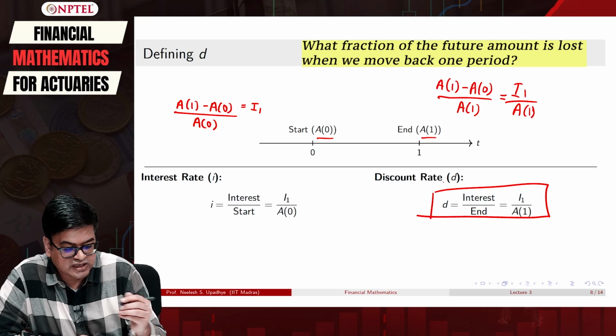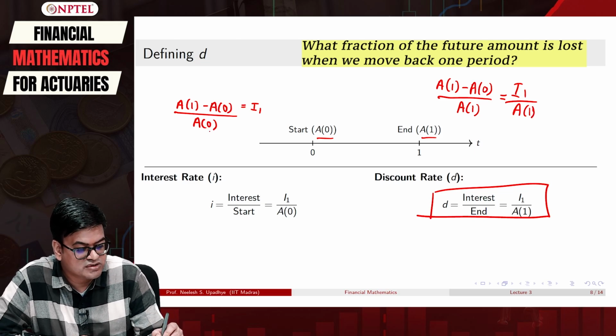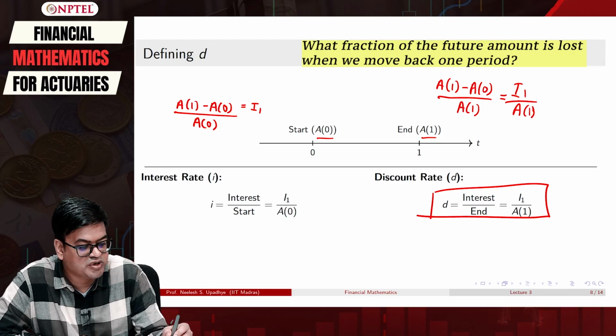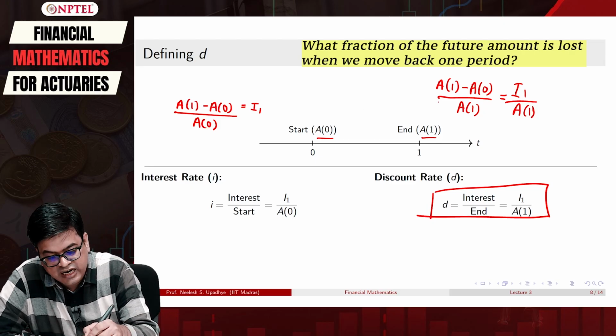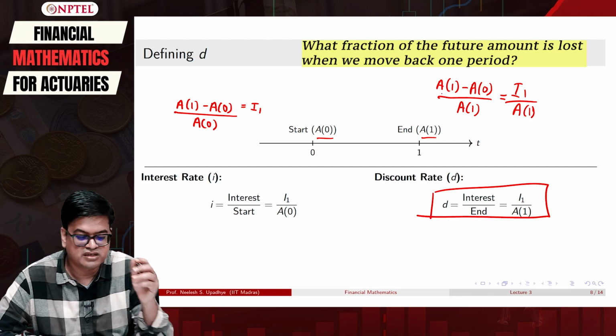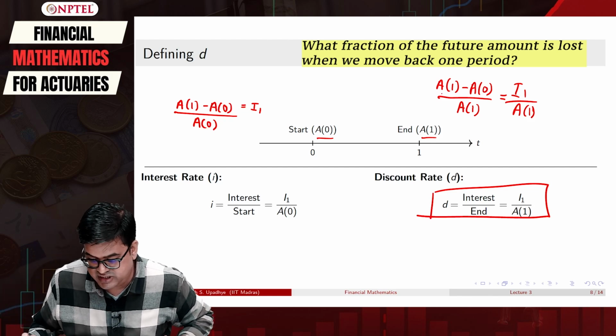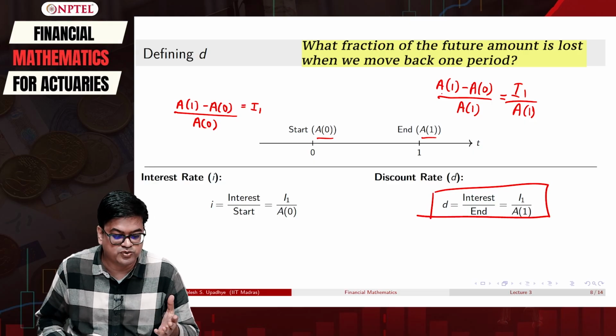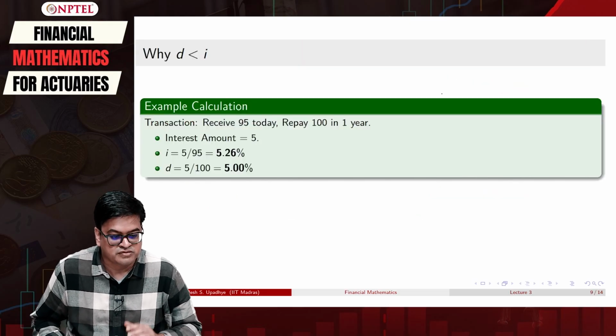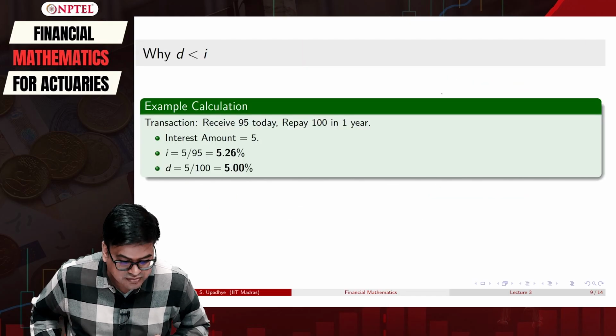Now you understand the difference. So suppose this is 100, this becomes 105, this becomes 5%. But if you target for A1 to be 100, then things will change, right? So A0 was less, it was 95.23 in our example.